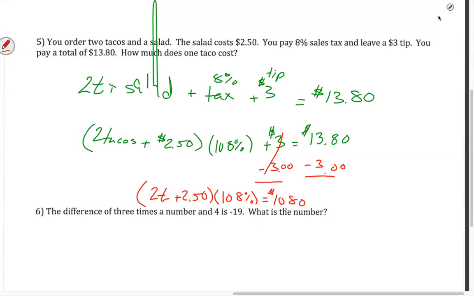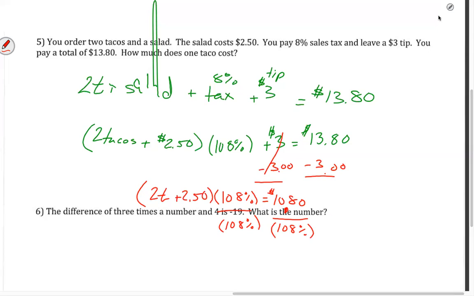Now, John, how do you get rid of times 108%? Subtract it or divide it? Divide it. Now, what is a percent? What is 108%? It's 1.08, right? So when I divide $10.80, I'm actually going to divide it on my calculator by 1.08.